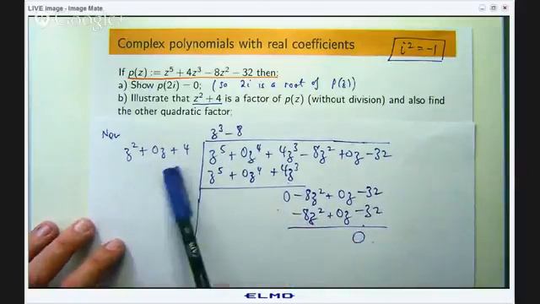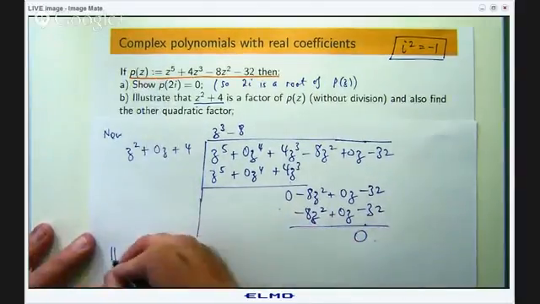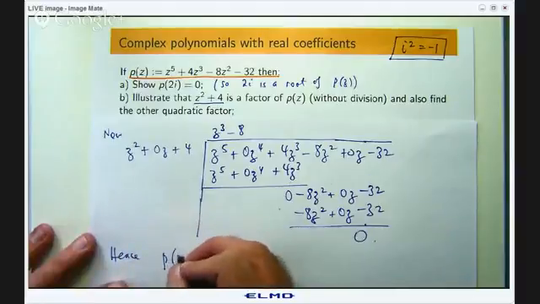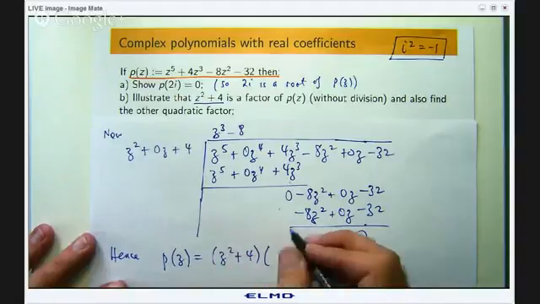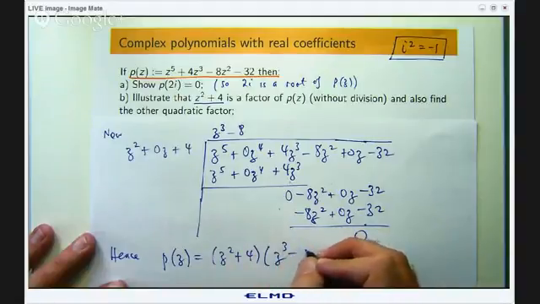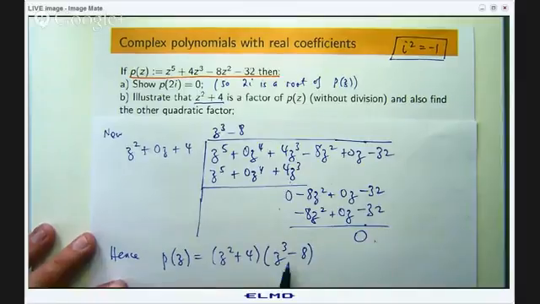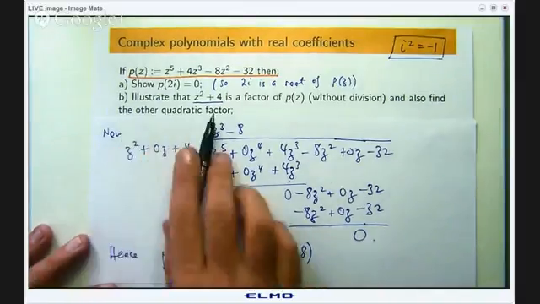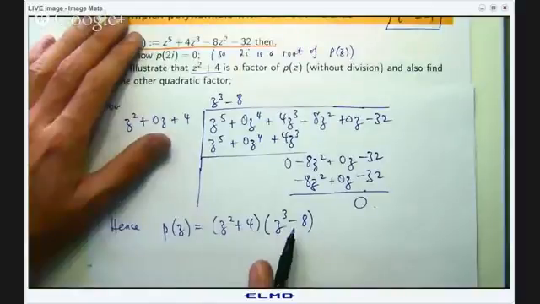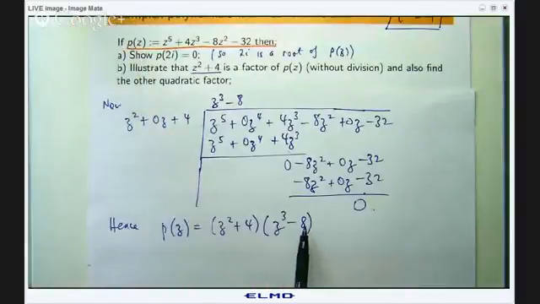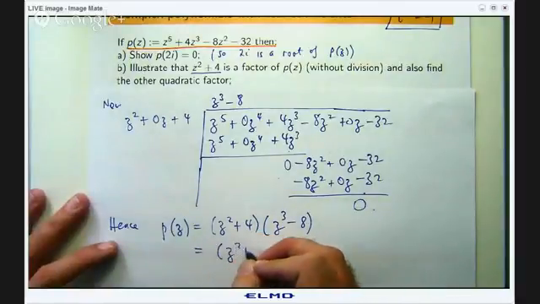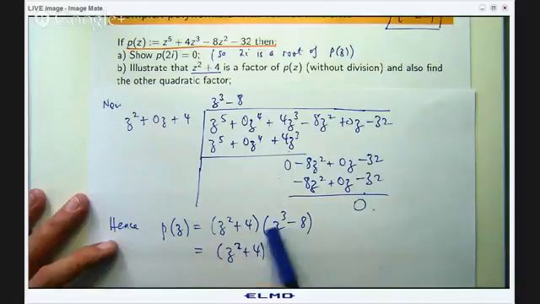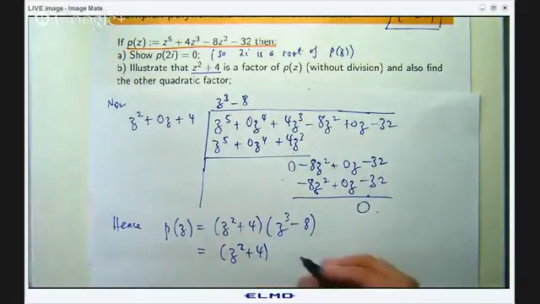Okay, so now the polynomial p of z can be written as the following. Now you see here this is a cubic. We want to find the other quadratic factor, but this cubic is nice because it's the difference of 2 cubes. Okay, 8 can be written as 2 cubed. So I can actually get what I'm looking for just by looking at this difference of 2 cubes.